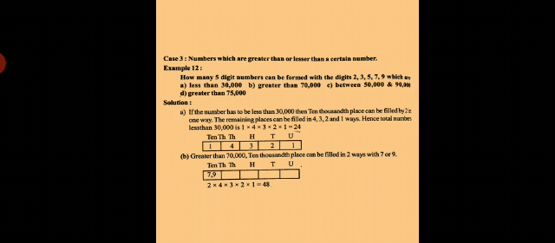So this is the main question. After this, the sub questions are like this. First one, less than 30,000. Second one, greater than 70,000. C, between 50,000 and 90,000. And last one, D, greater than 75,000.